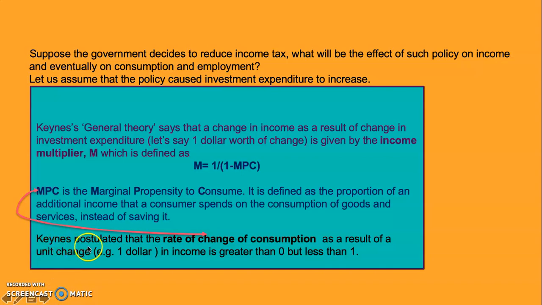Remember that the initial theory that we've been talking about in this video is Keynes' theory that says that the rate of change of consumption as a result of a unit change in income is greater than 0 but less than 1. The rate of change of consumption that Keynes was referring to is also MPC, that is marginal propensity to consume.